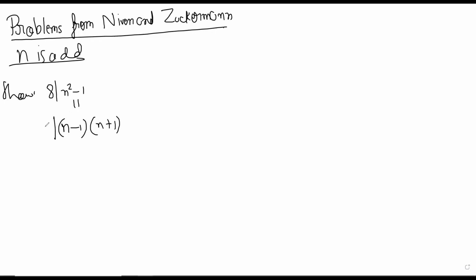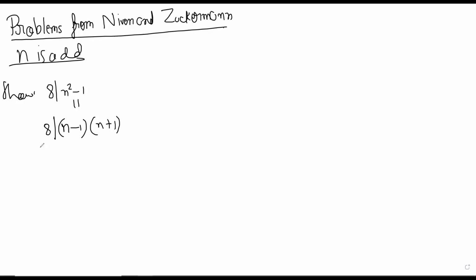And then, what can we say? n is odd. These two are not consecutive, but they're consecutive even numbers. So if you have two consecutive even numbers, one of them will be a multiple of 4, right?